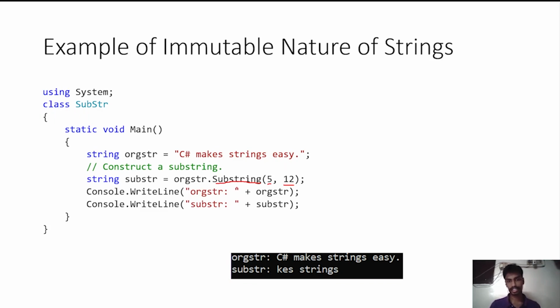So here in this example we can see that we have this string called "C# makes string easy". Here we are copying it from the 5th index. Which is the 5th index? 0 1 2 3 4 5.